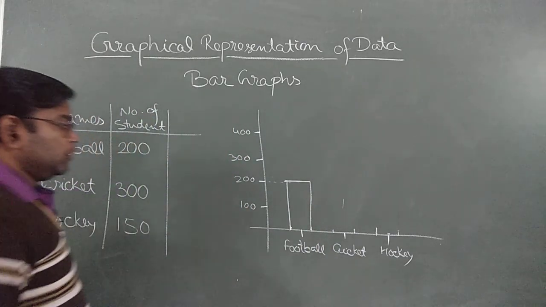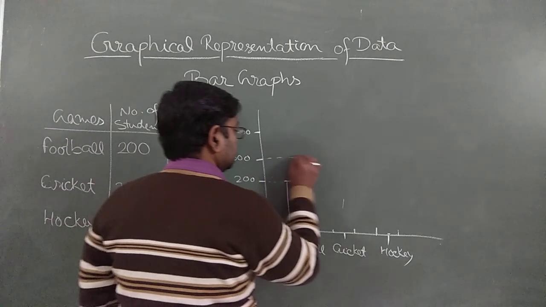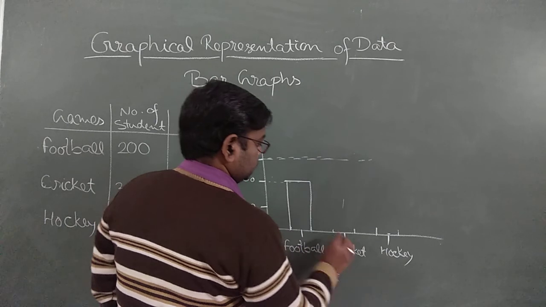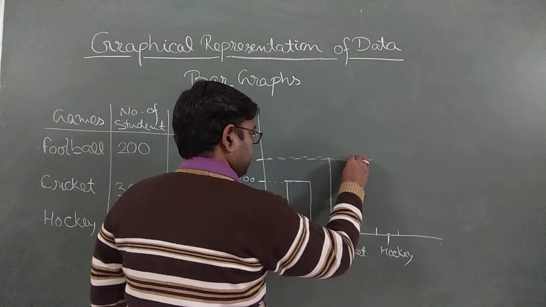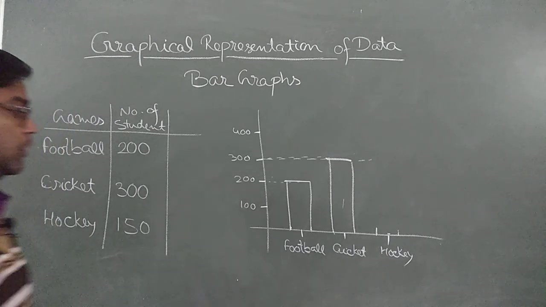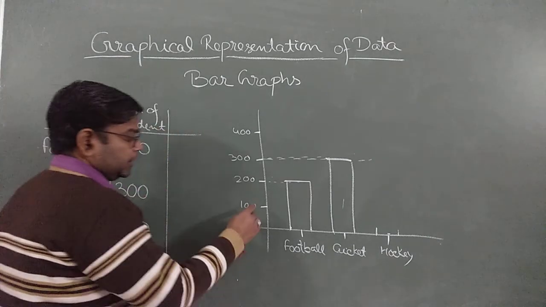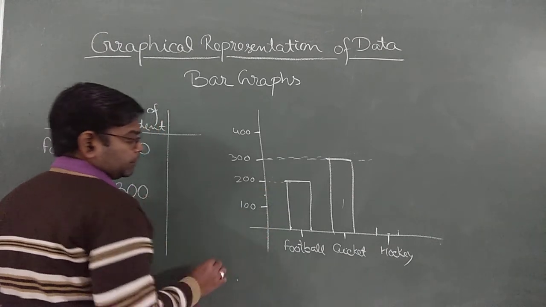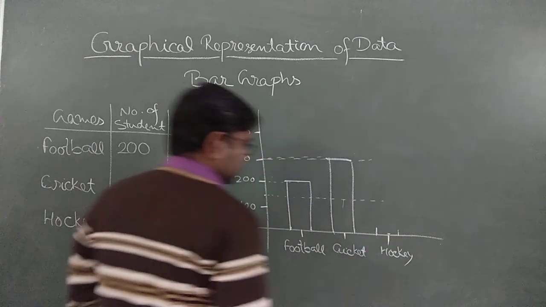This is for football. Next one is your 300. This is for cricket, and 150 for hockey. Where is 150? See, 150 must be in between 100 and 200. This one. So 150 is this one.